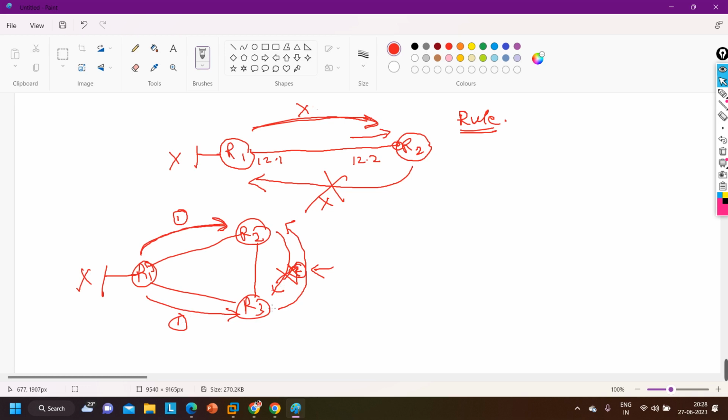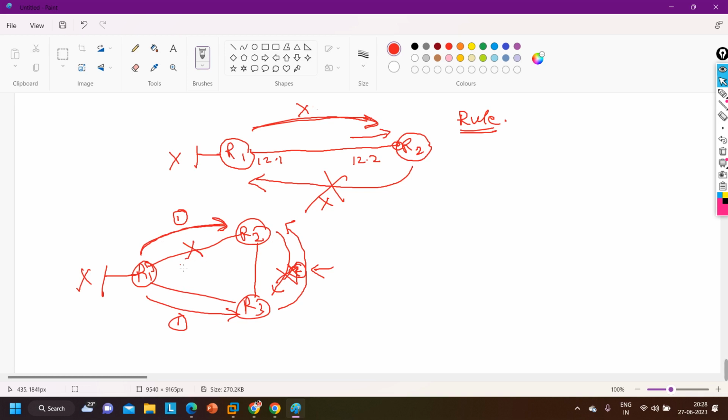Now after some time, if this link goes down, guys, then what will happen? It will definitely accept. If this link goes down, how will router 2 learn?